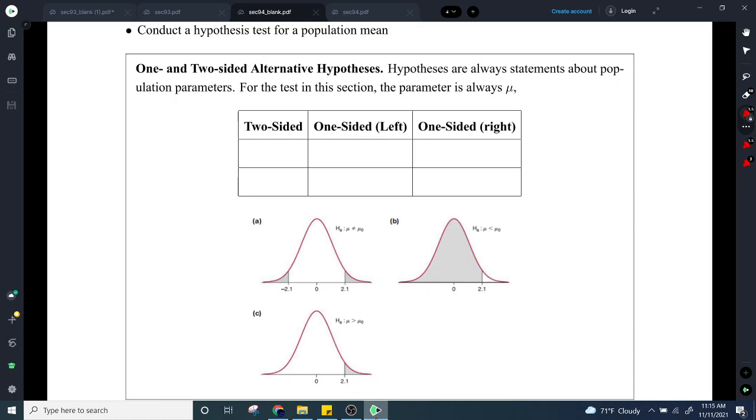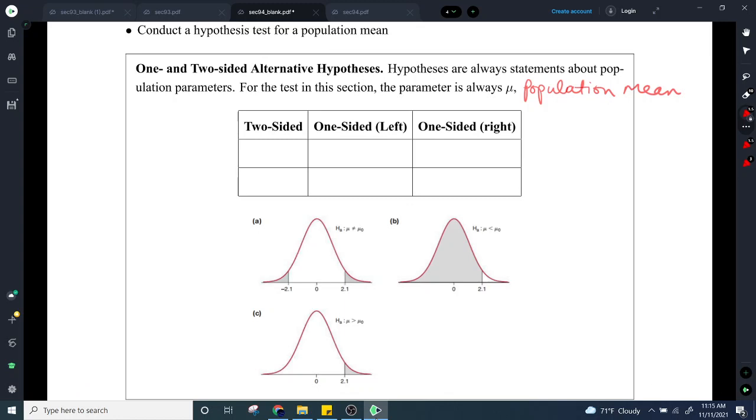So the first part here, what we mean by a one-sided or a two-sided test, it's the same as what we were doing earlier. Remember, we're making an estimate about the population parameter mu. Remember that mu is the population mean. And so our hypotheses are always statements about the population, whatever that is.